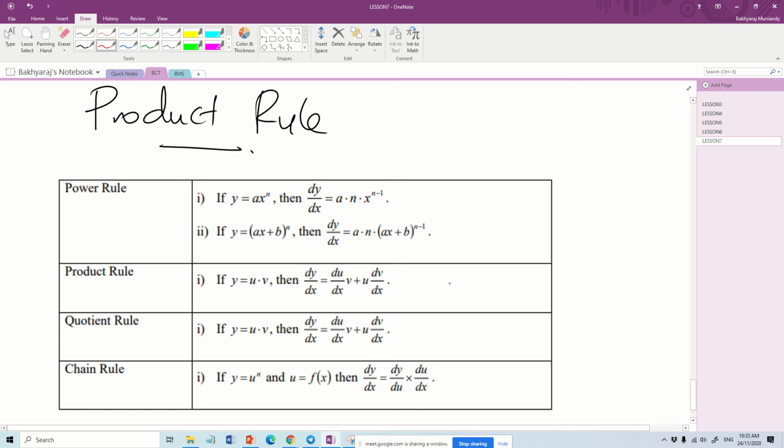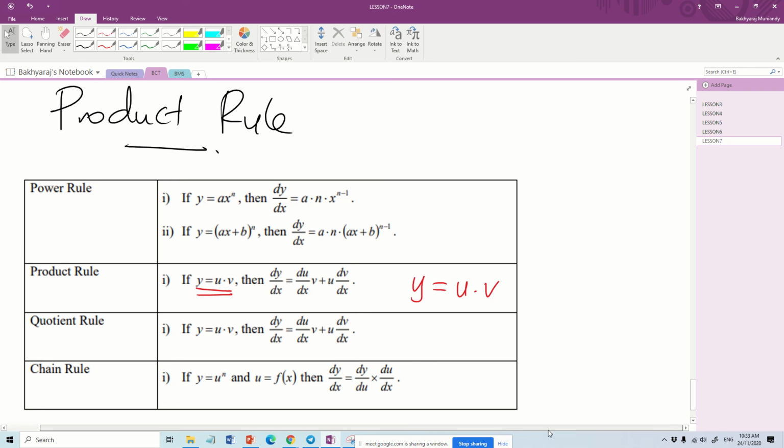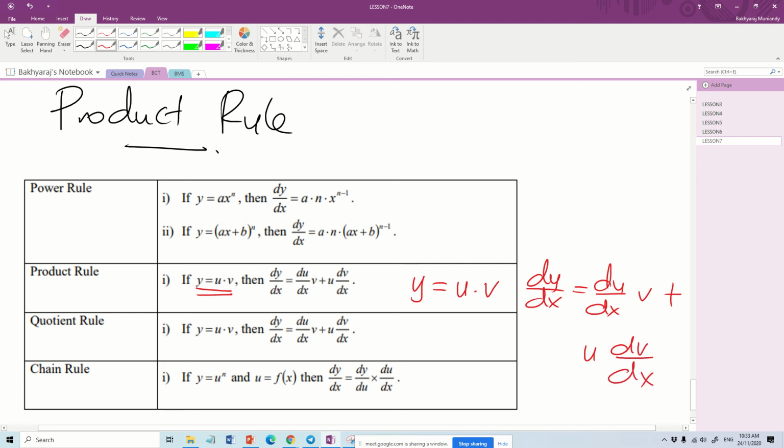Okay, kita tengok balik formula. Formula is y equals u dot v. Okay, yang ni u dot v. And then your dy/dx adalah sama dengan, okay, your dy/dx ialah du/dx v tambah u dv/dx. Okay, itu yang kita nampak dekat sini lah.